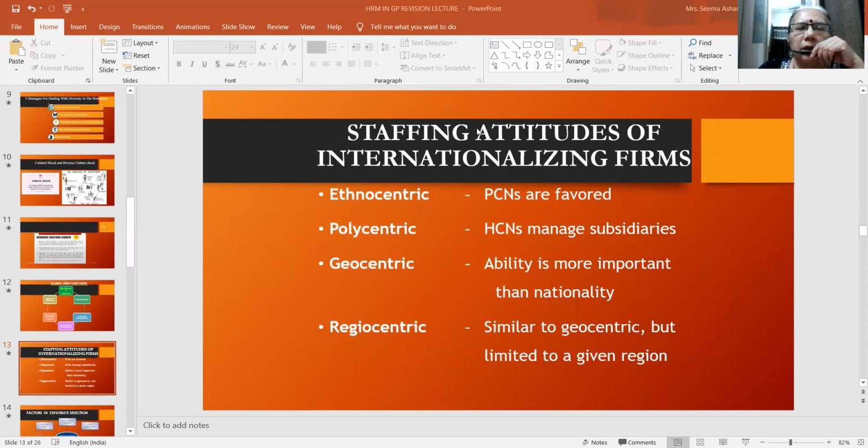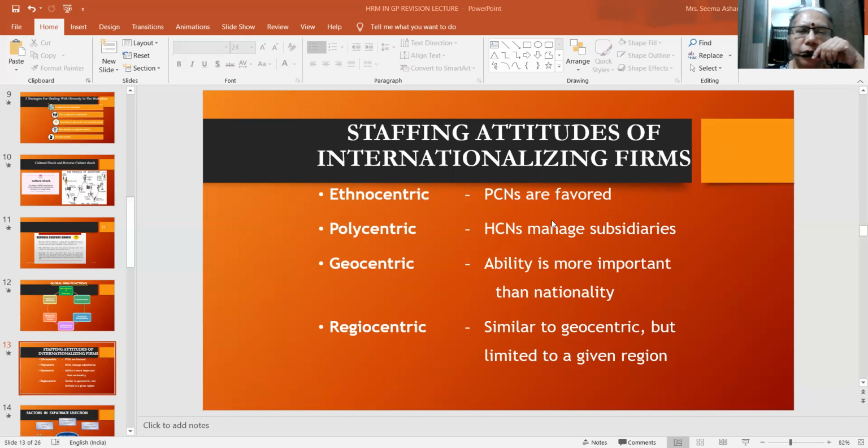When recruitment and selection is done by an MNC, they can make use of different approaches. The ethnocentric approach is where the parent country nationals are favored while recruiting. Polycentric approach is where the host country nationals are preferred.